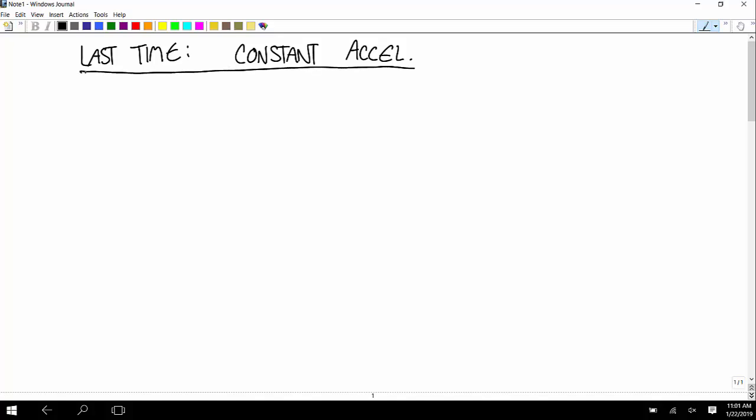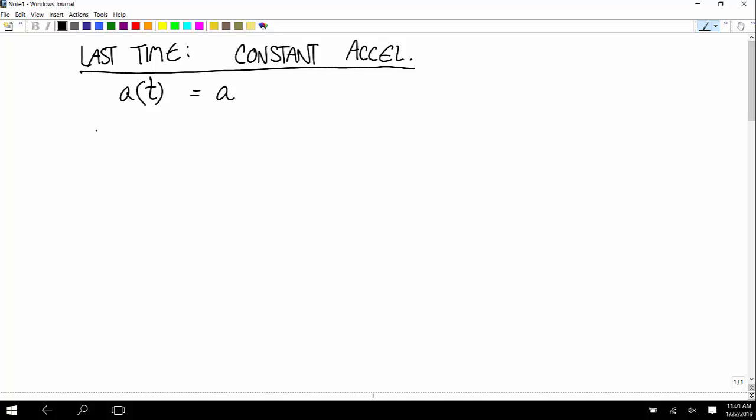Okay, so what we did to start to figure out what we know with constant acceleration is we said this acceleration function is just equal to a constant, a.